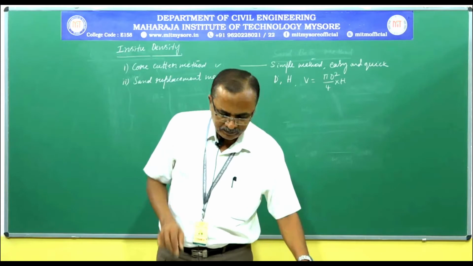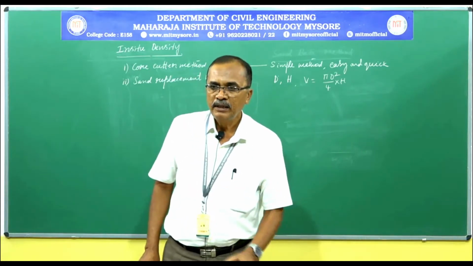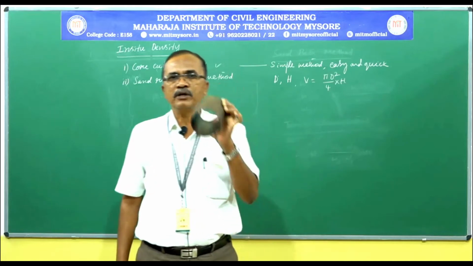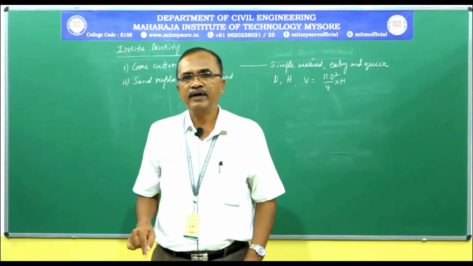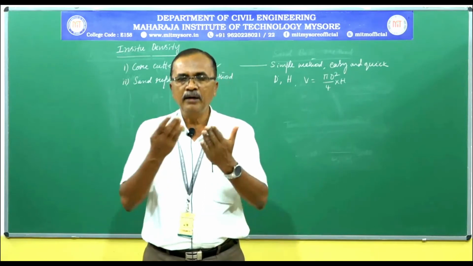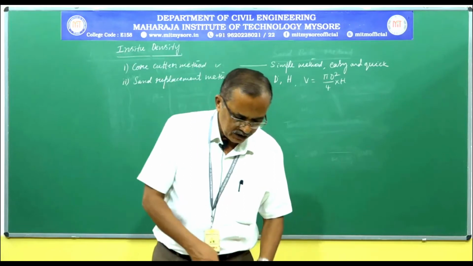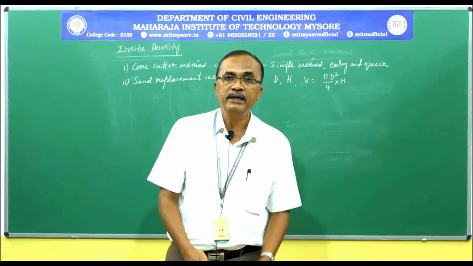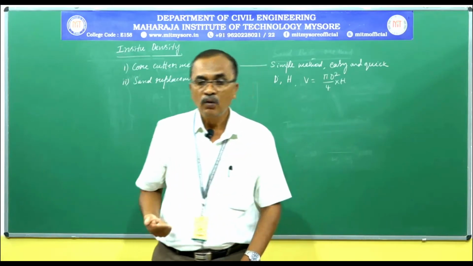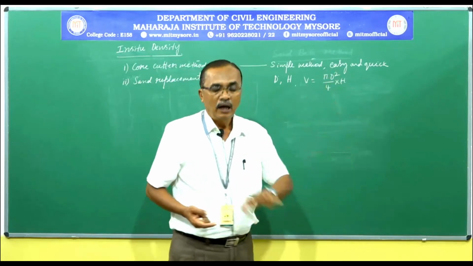To determine density in the field, before going to the field, after deciding where the field density is required, we make preparations in the laboratory. In the laboratory, we note down the diameter and height of the core cutter and calculate its volume, which is the volume of the soil to be accommodated.